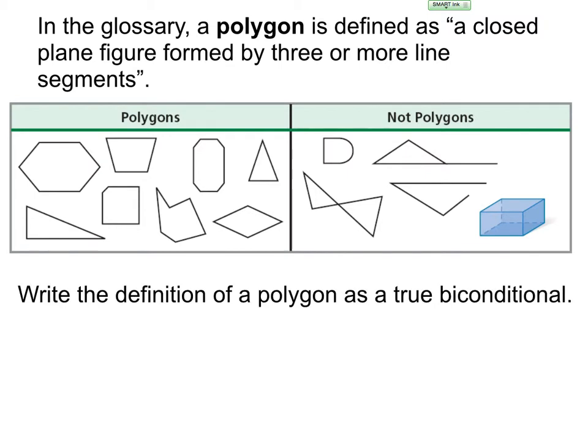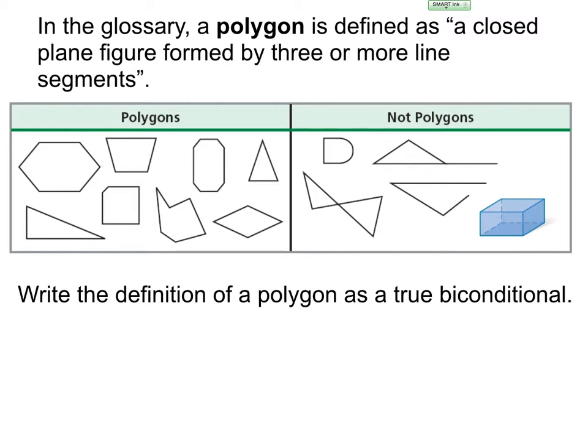But what I want you to do is look at the wording in that definition. Can we write it as a true biconditional? How would you write that definition as a true biconditional statement? Try and grab a few new people today.